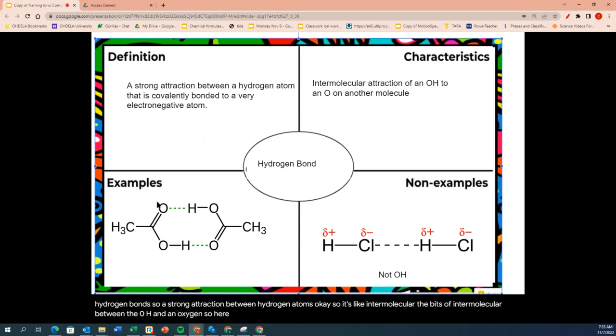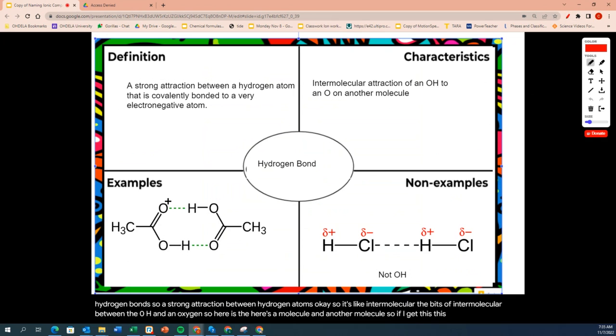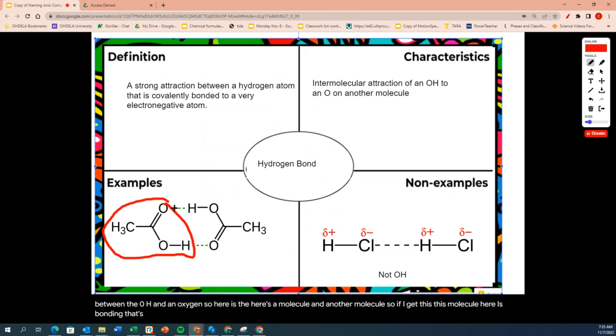So here's a molecule and another molecule. So if I get this molecule here, it is bonding. That's why they have these dots to the O in the other molecule. All right, so this is intermolecular.